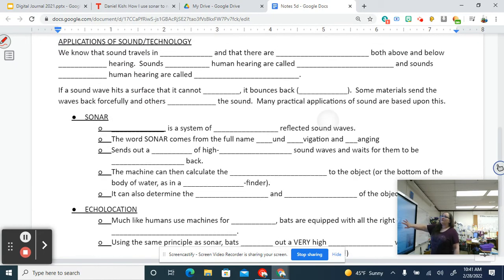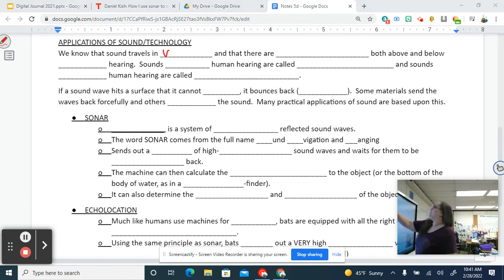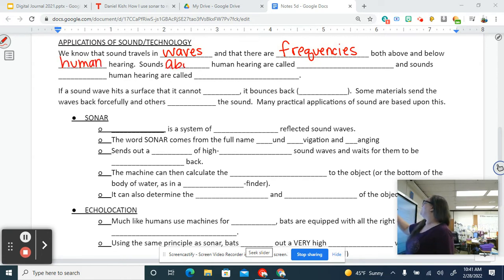All right, so we know that sound travels in waves and that there are frequencies both above and below human hearing. Sounds above human hearing are called ultrasound or ultrasonic.